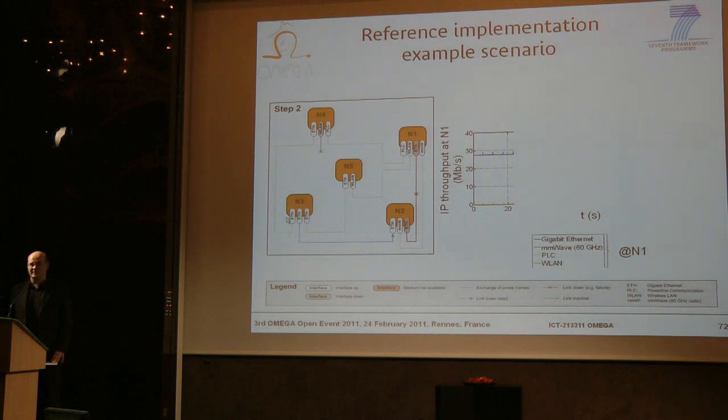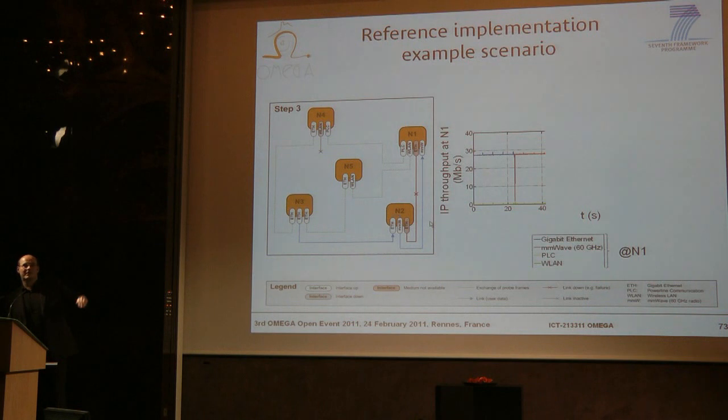So, in our demonstrator, N1 periodically floods the network with path requests in order to detect or explore new paths if they are available. In this case, the technology is switched to the millimeter wave interface, which is the 60 gigahertz direct link connection you have seen below. You see, there's just a small fade of the data rate, but it can keep constant here.